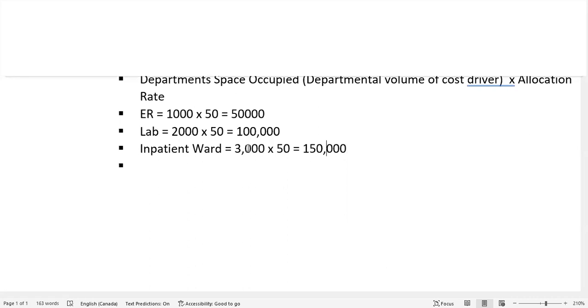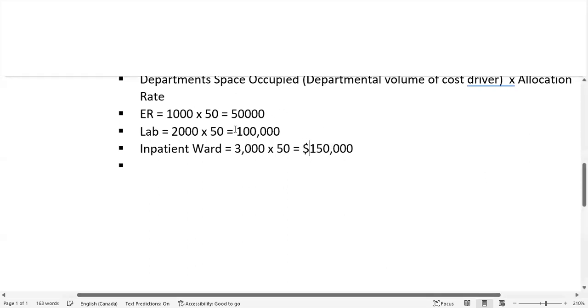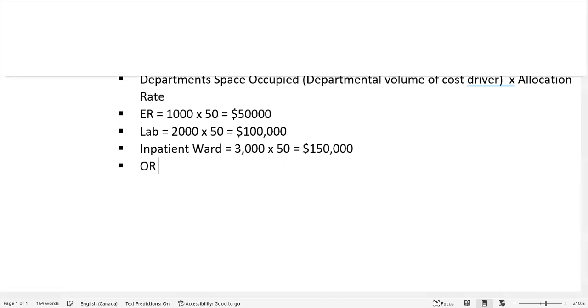Yeah, so the figures here are in dollar amounts because you're allocating money to these departments. Right? And the last one is OR, which we have identified as having 4,000 square feet. And so we multiply that by 50 again, the allocation rate, and you get $200,000.